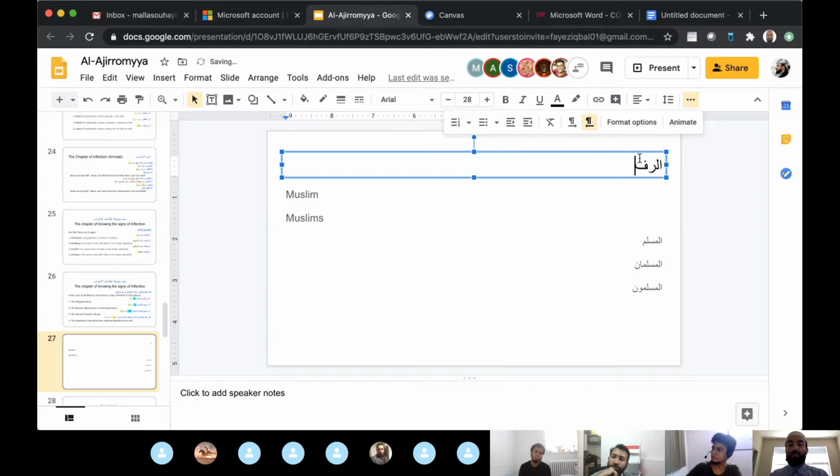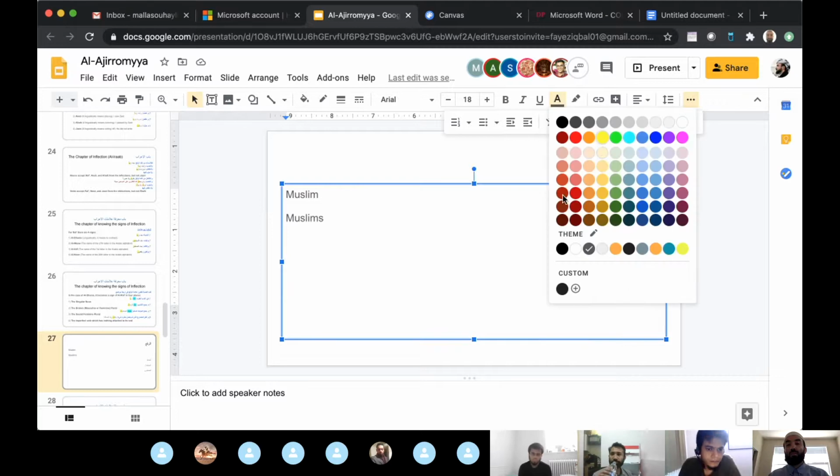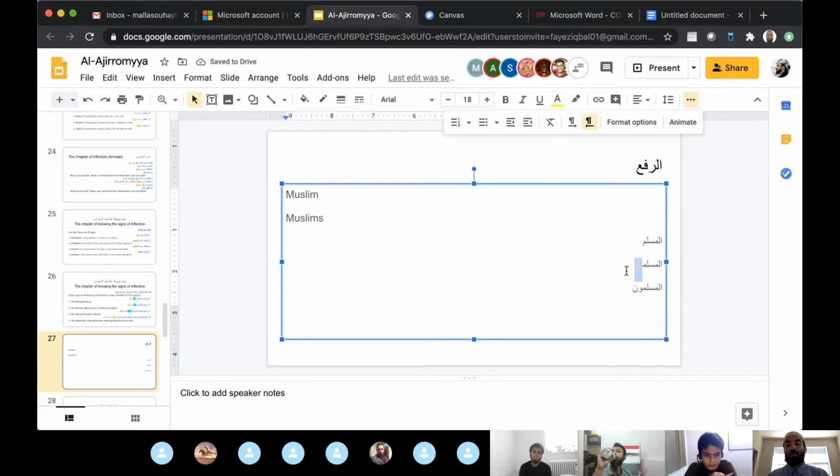Okay, we were talking about al-rafa. I don't want us to confuse this with nasab when we start talking about it. Okay, so to make a singular noun dual in Arabic, when it's marfu', you simply add alif and noon to it.